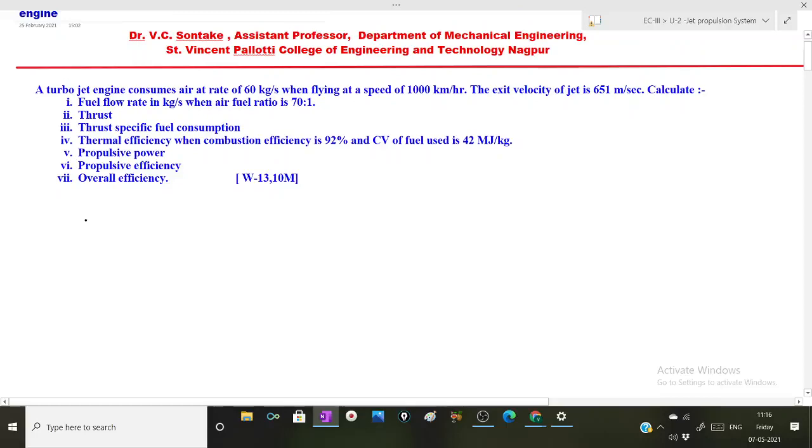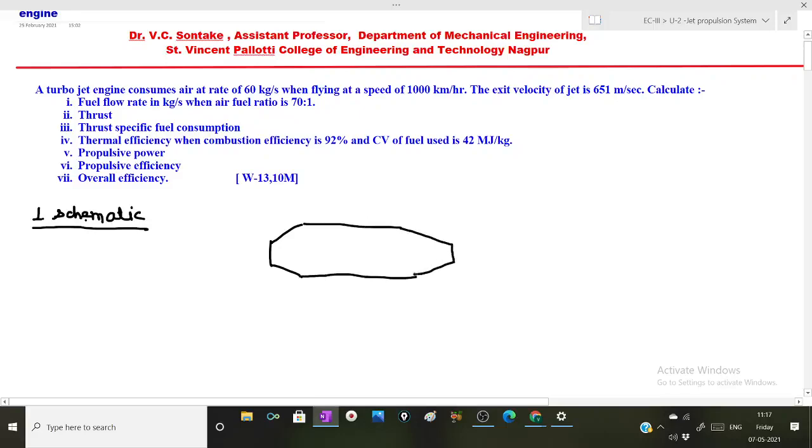So in this problem, we have been given one turbojet engine. This is a typical turbojet engine.